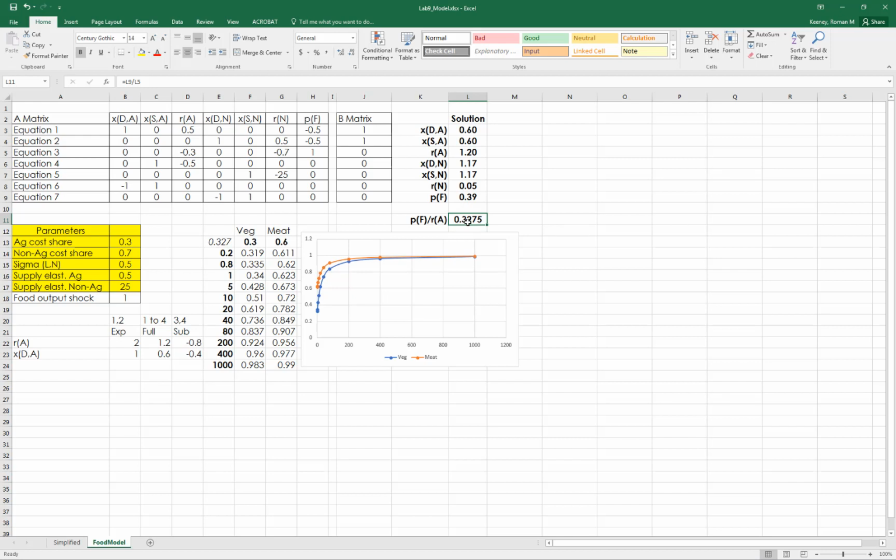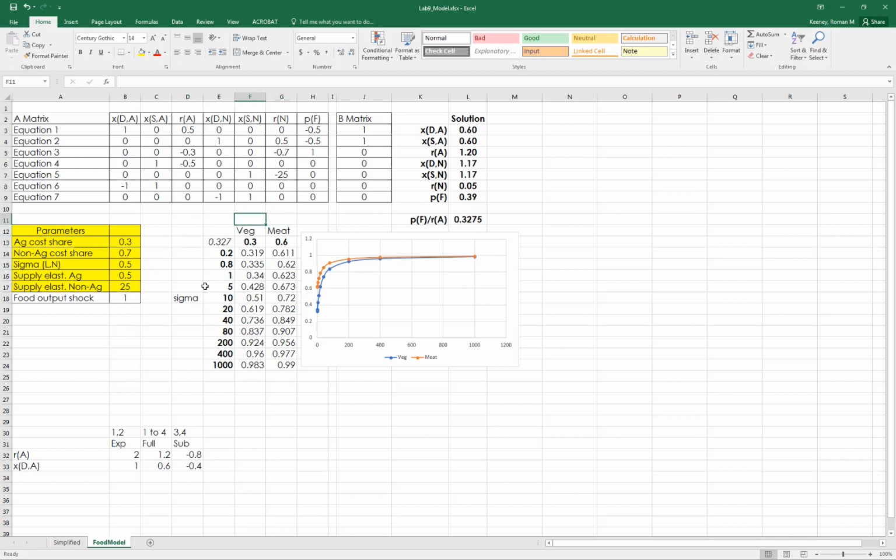So what it's showing us is how much the final good, the retail price, increases compared to the farm price increase for all of these experiments. And so what we have on this column are values for sigma.